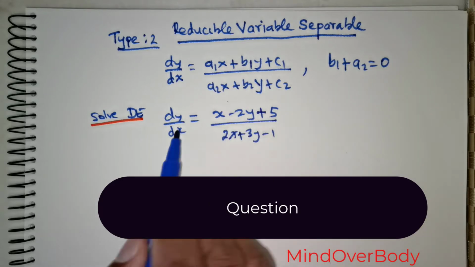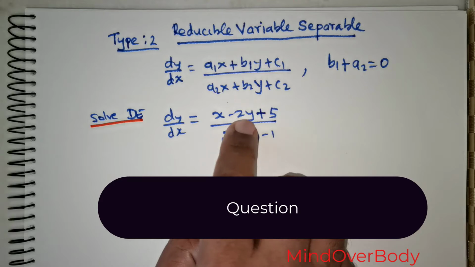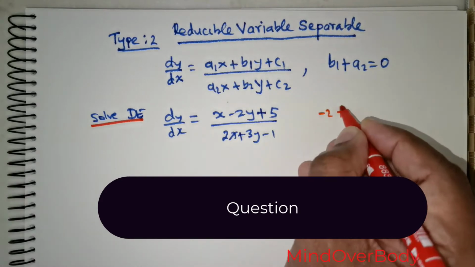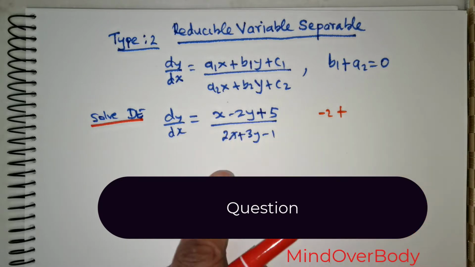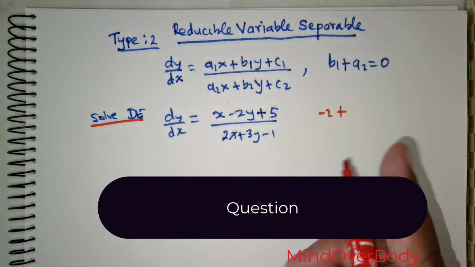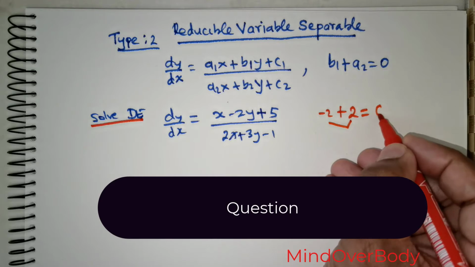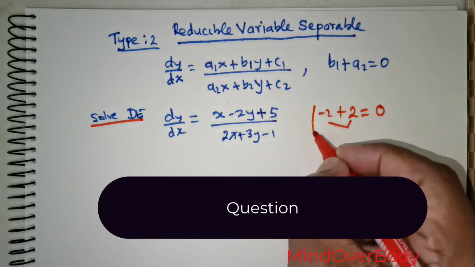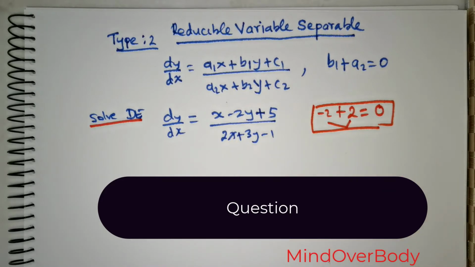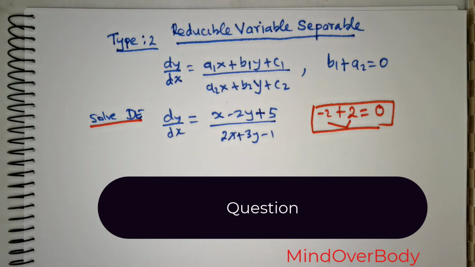Now I would be able to apply type 2 only if the coefficient of y, which is b1, is added to the coefficient of x in the denominator, which in this case is 2, and this sum produces 0. Now if it produces 0, then I would be able to apply this technique.